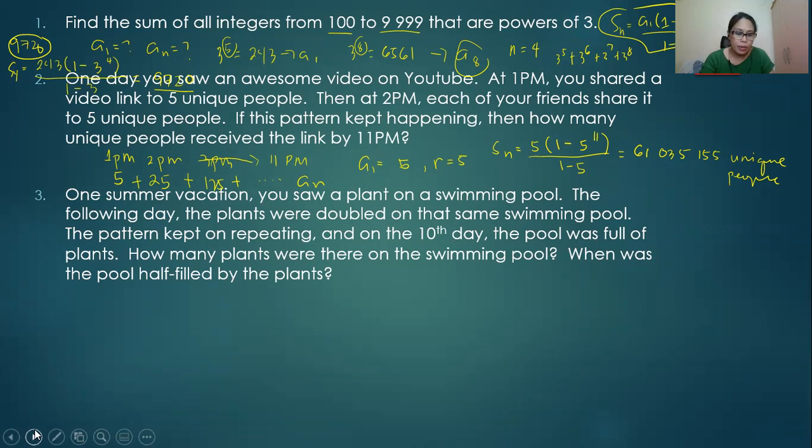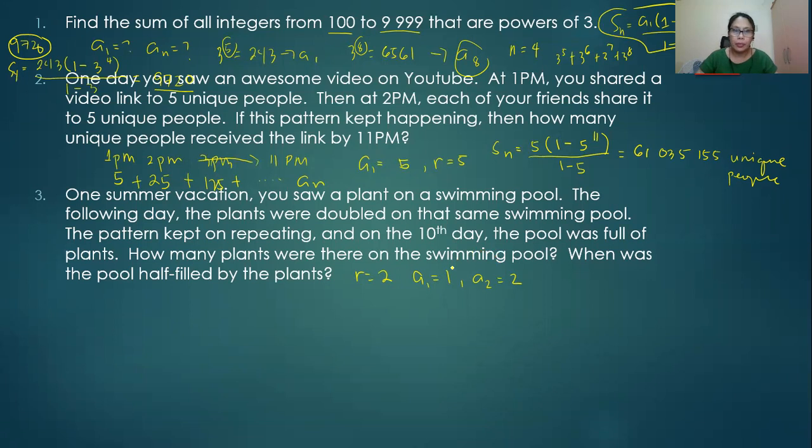Since the plants are doubled every day, on each of the following days it's doubled. So we consider that r equals 2, or the common ratio is 2. Now, since it started with one plant, our a sub 1 is 1. So we assume that on the second day, there are 2 plants.